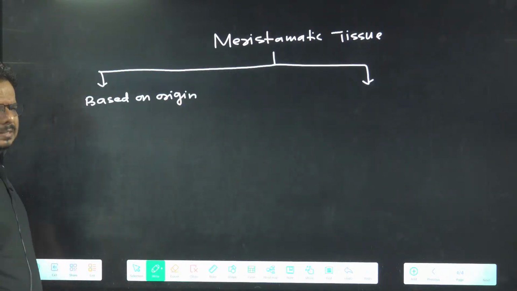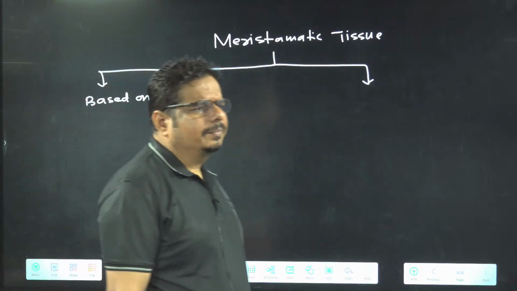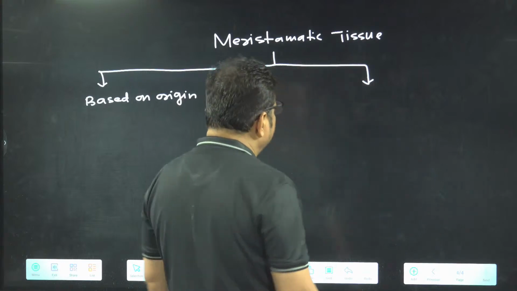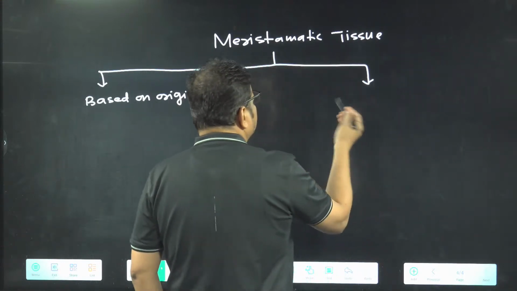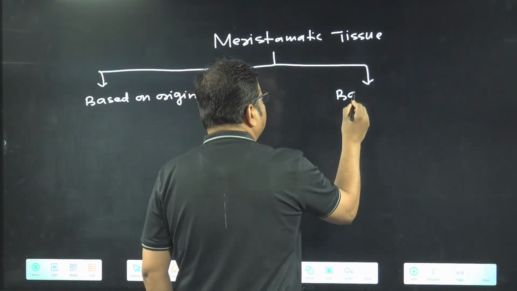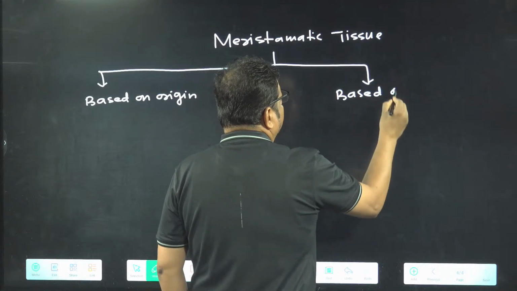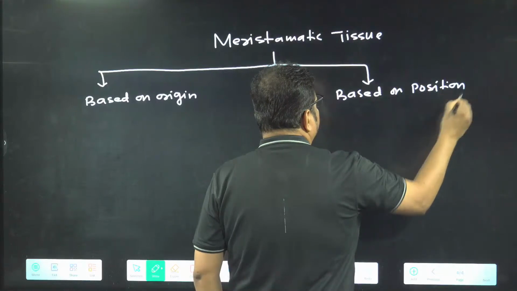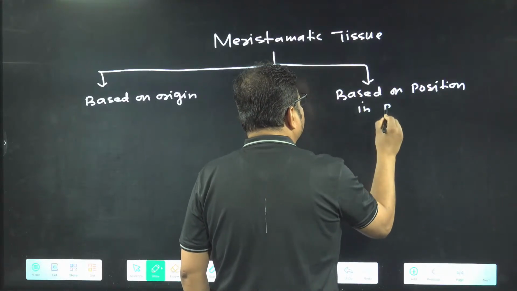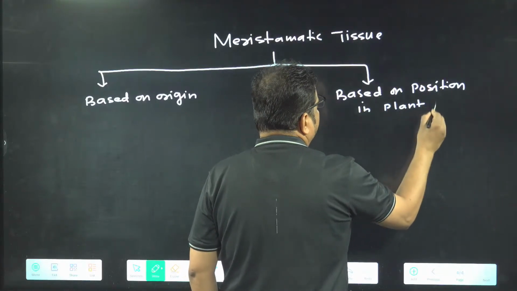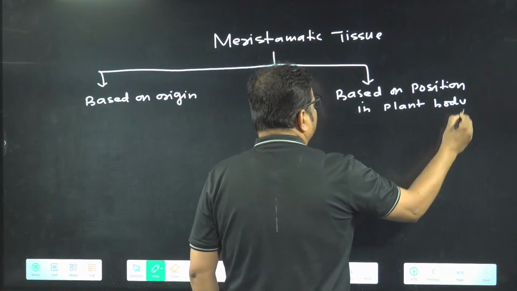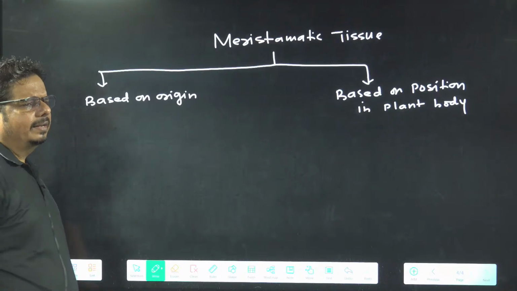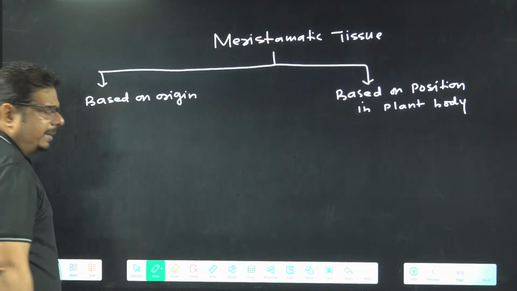One classification we will deal with is the classification of meristematic tissue based on origin, and second we will use the criterion based on position in the plant body, where it is present in the plant body. So we will take these two criteria to classify the meristem.